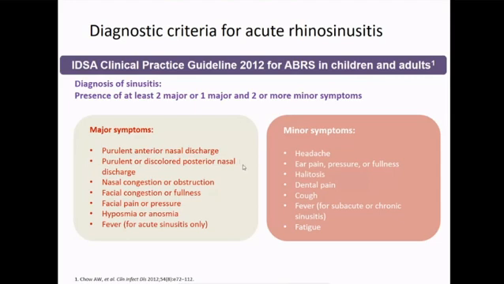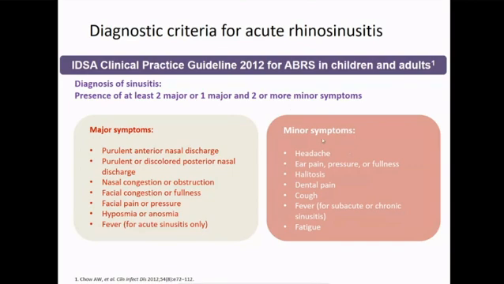So how do you diagnose rhinosinusitis? So there are a few guidelines here. So one is the Infectious Disease Society of America. They use the presence of two major or one major and two minor.